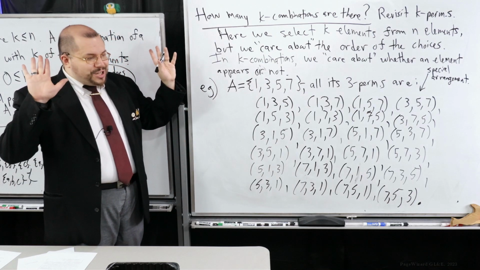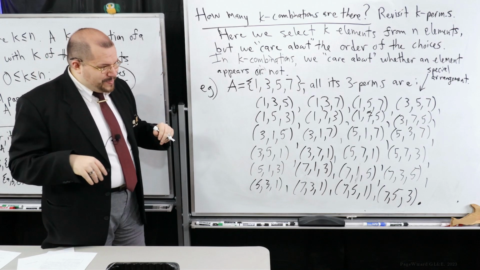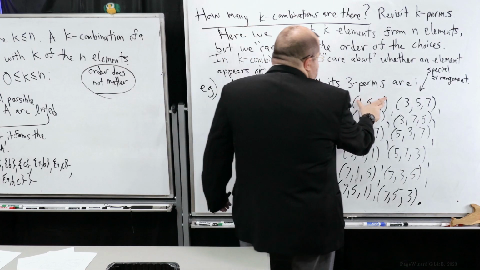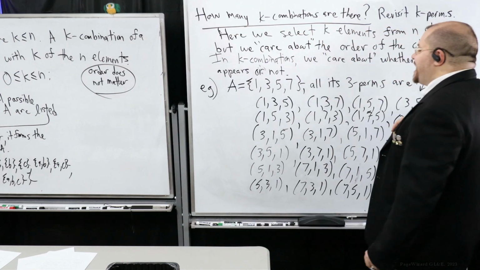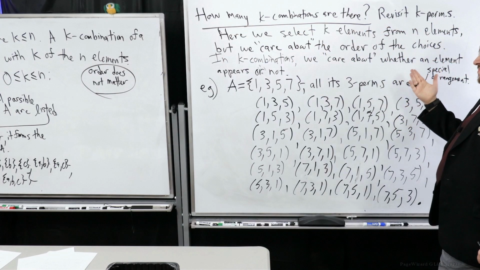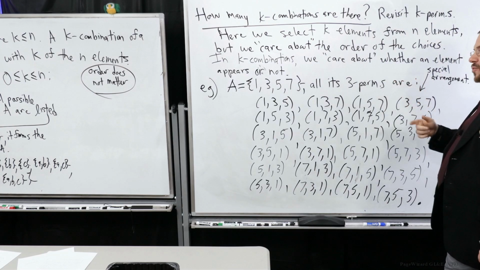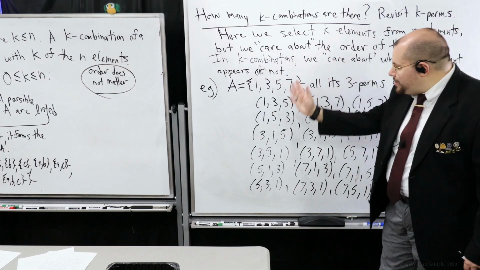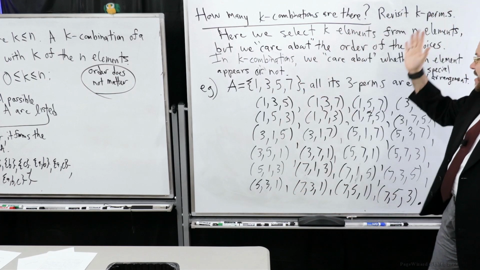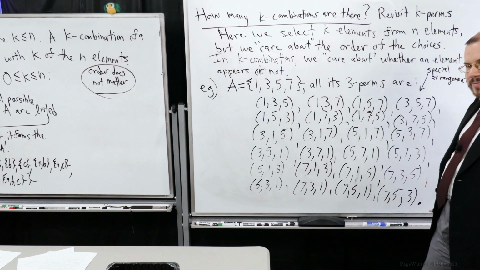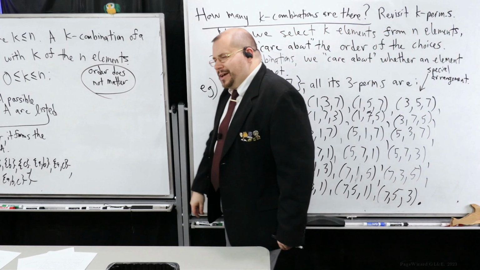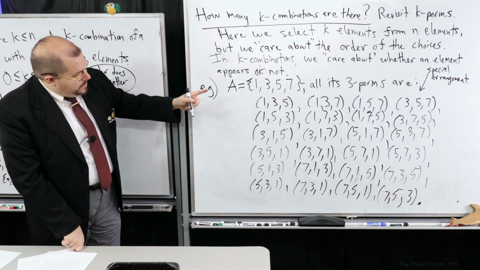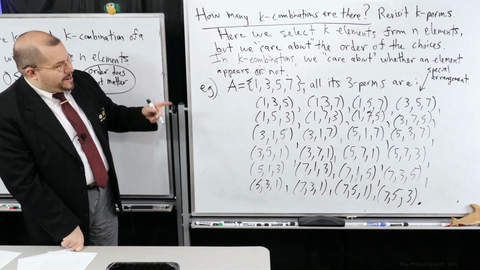But you can imagine each one of these on the top of the first row as a representative of the 3 combination for its respective 3 permutation. So notice that each column actually represents a 3 combination. And how many 3 combinations are there exactly? There's 4 of them, one for each column.